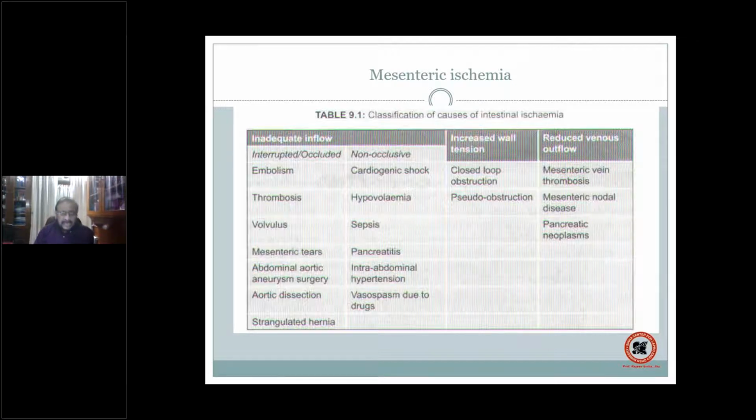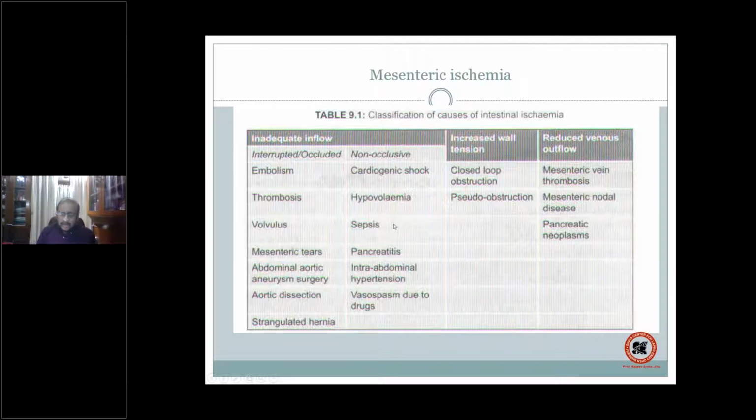Now, as far as inadequate inflow is concerned, you can have an interrupted or a non-occlusive cause. As far as interrupted or occluded is concerned, it could be embolization, thrombosis, volvulus, mesenteric tears, aortic aneurysm, dissection, strangulated hernias, or it could be non-occlusive, but there is inadequate flow.